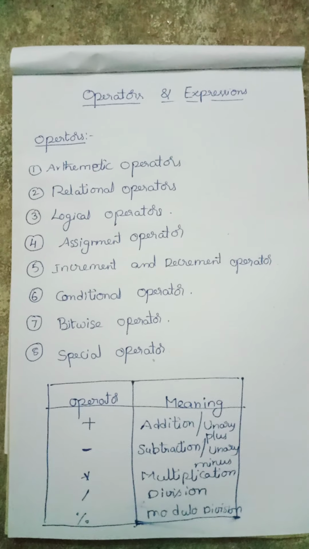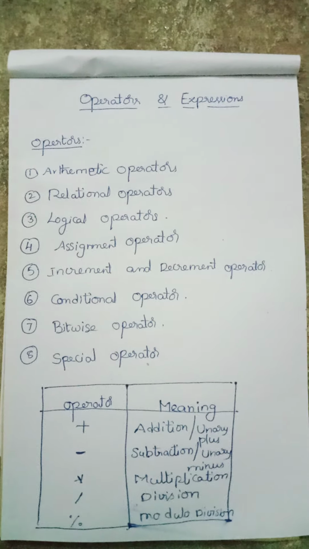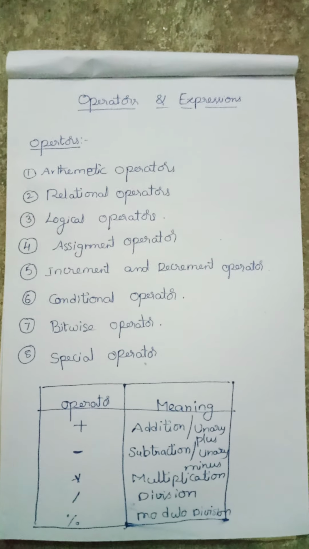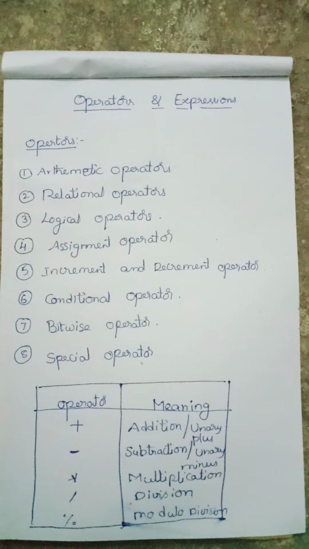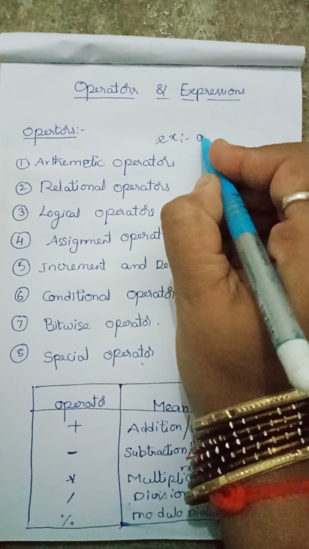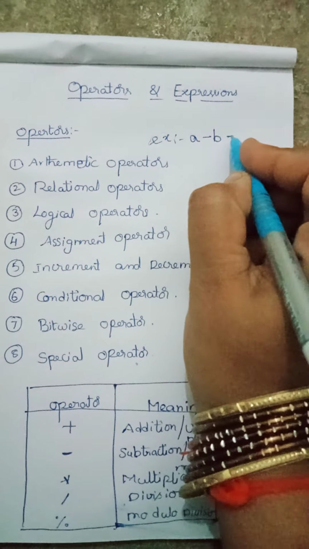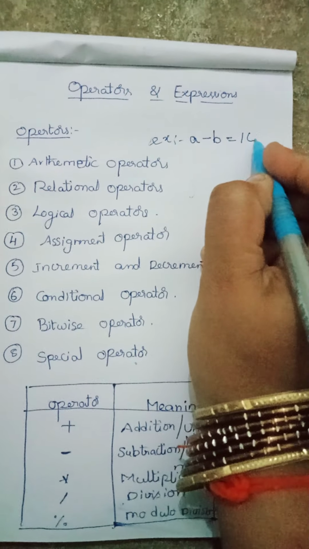An operator is a symbol that tells the computer to perform certain mathematical or logical manipulation. For example, see here: A minus B equal to 10.